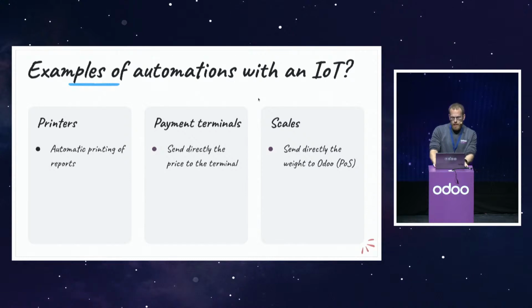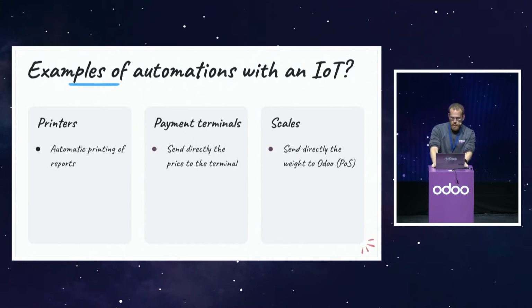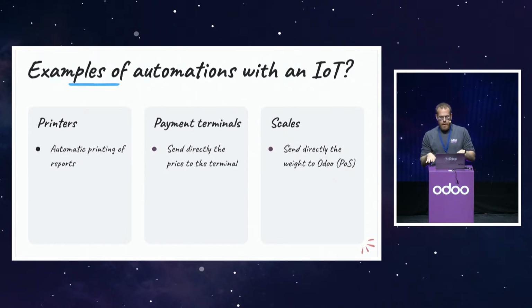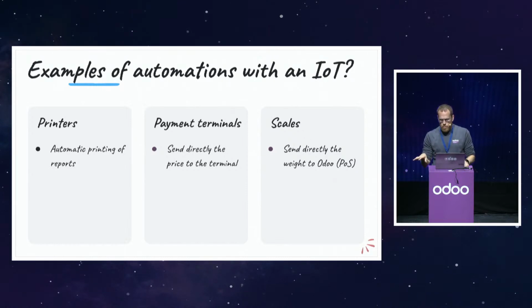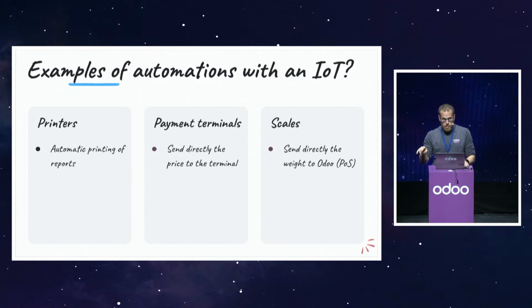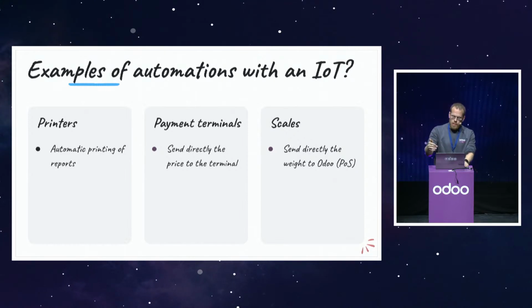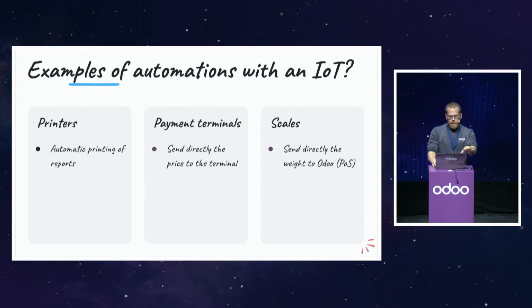For the payment terminals, you have two ways to do it within Odoo. Either you don't connect the payment terminals to Odoo, and so every time you make a payment in the point of sale, you will have to take the payment terminal, type the amount, and then it will be sent to the provider you use, and then you will have to validate in the POS.